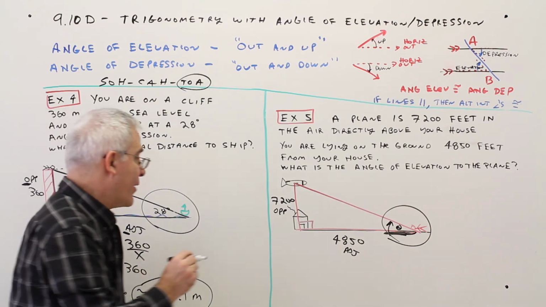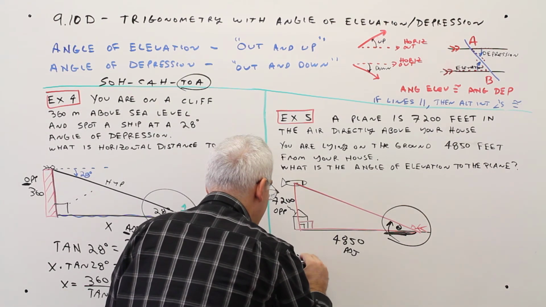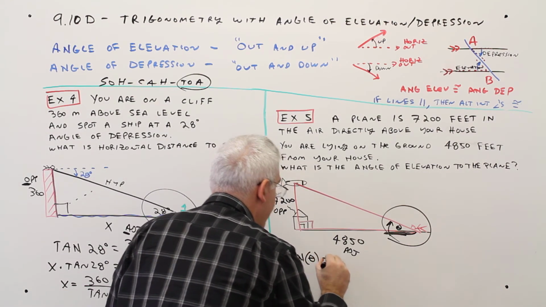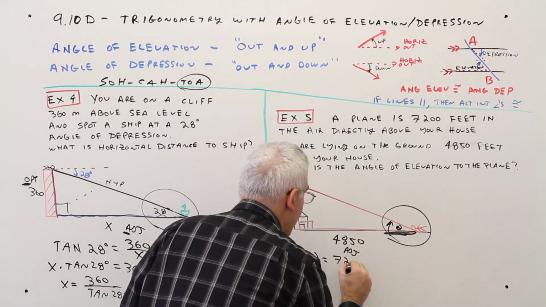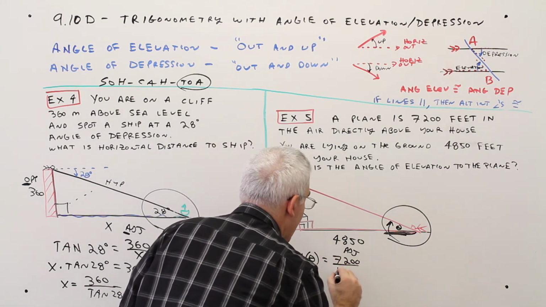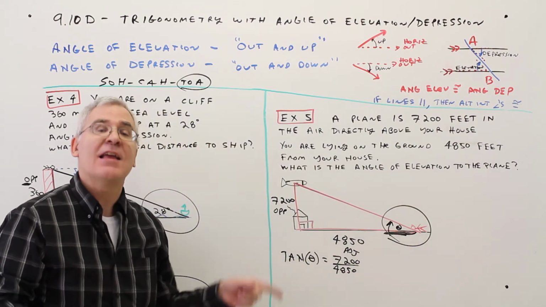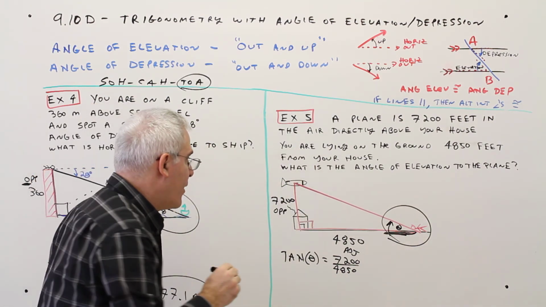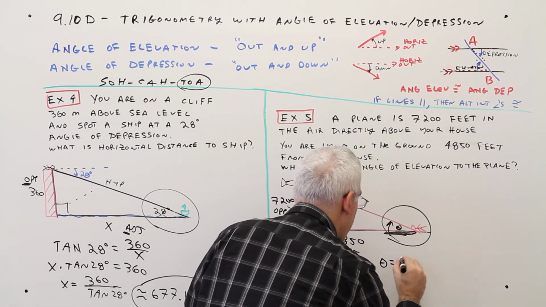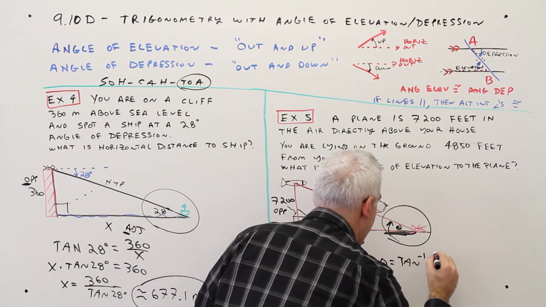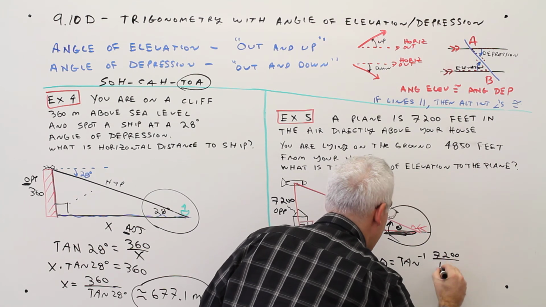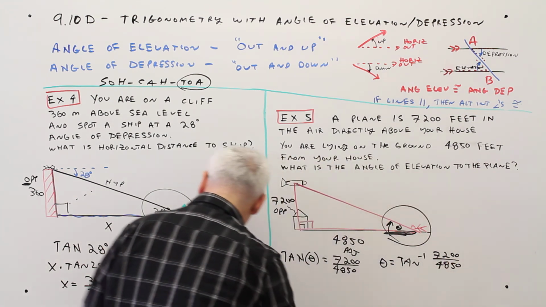So I'll write my equation. The tangent of angle theta equals the opposite 7,200 over the adjacent 4,850. What undoes tangenting? Inverse tangenting. So theta will be the tangent inverse of 7,200 over 4,850.